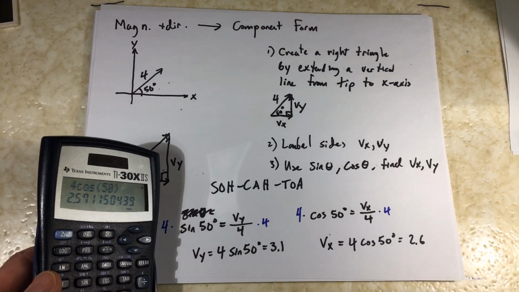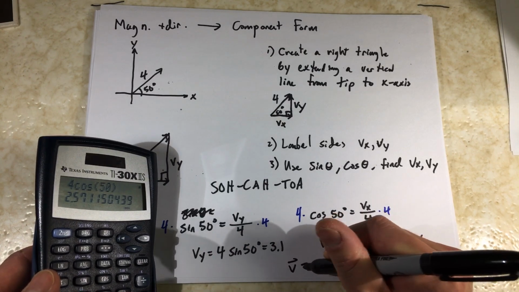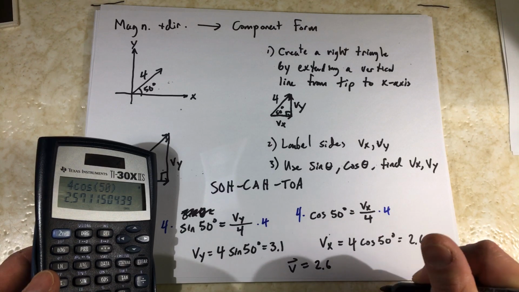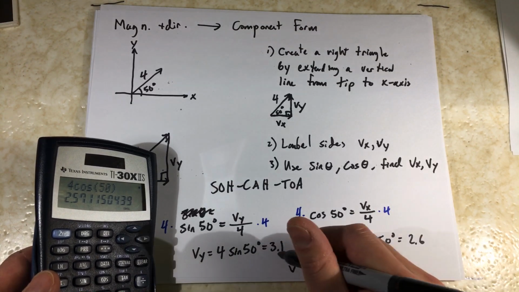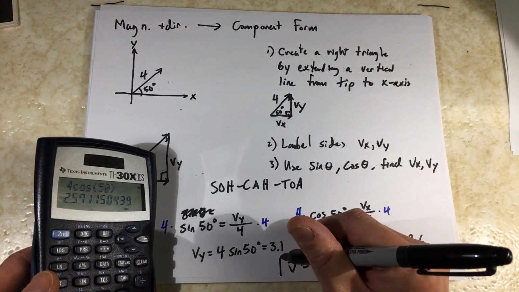Okay? So the way that we would end up writing this would be the vector v is equal to the x value, 2.6 i hat, plus the y value, which is Vy, 3.1 j hat.